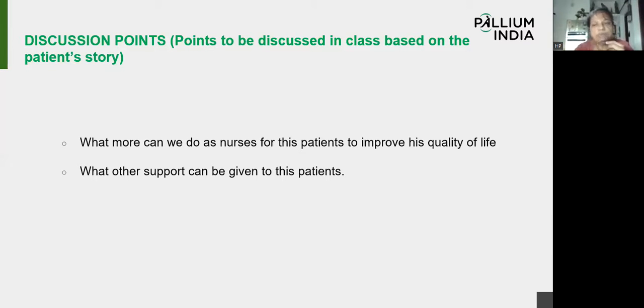So empowering the patient about the delirium also is very important. At least they will know, okay, this can happen, and at that time what they have to do. Electrolyte imbalance has to be maintained, because that also can be one of the causes for delirium. So very small things can be done for this patient and for his family.